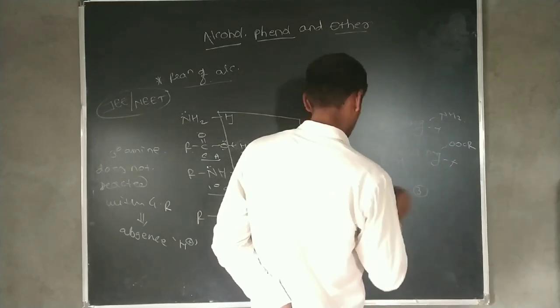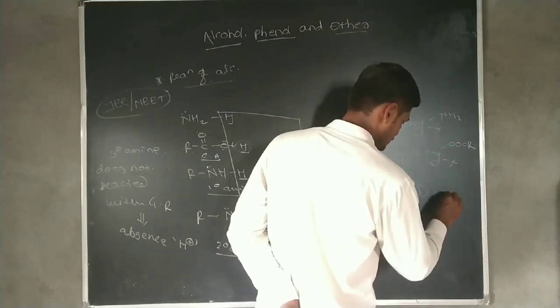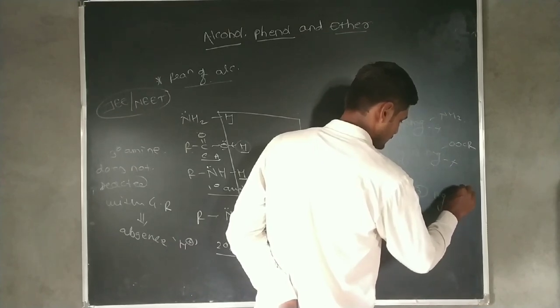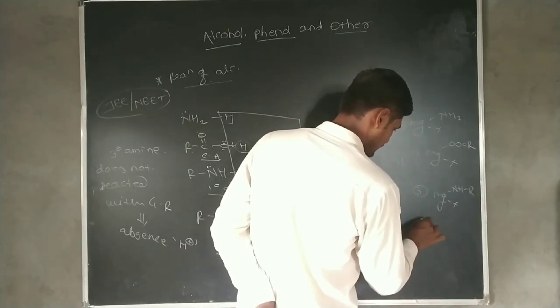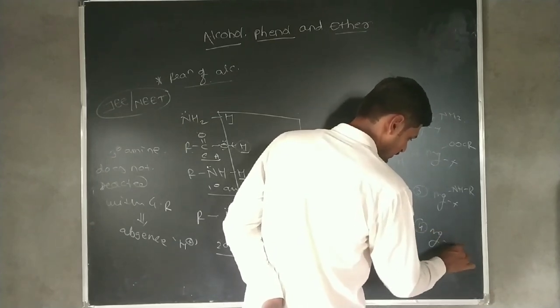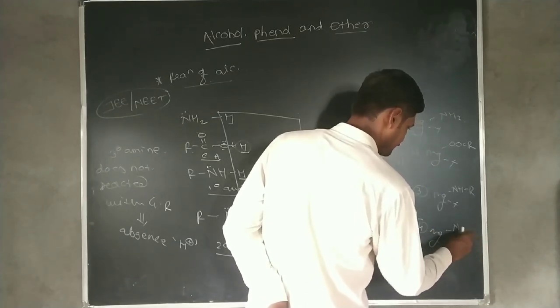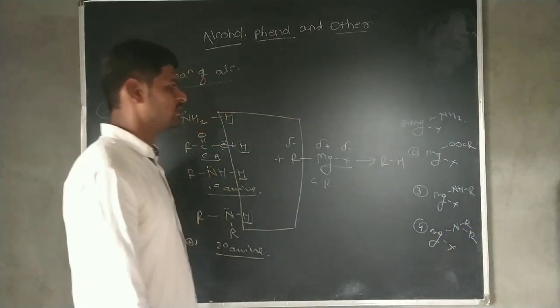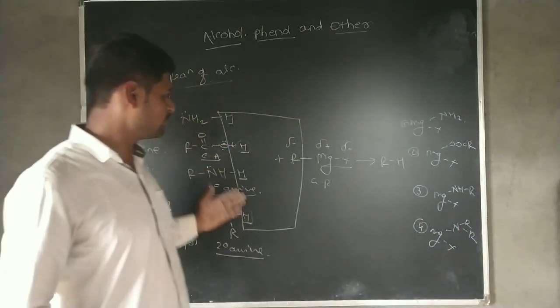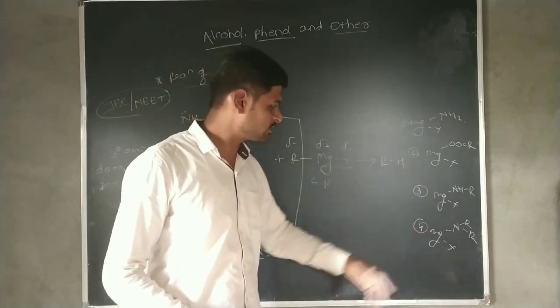In case of primary amine, MgX with NHR attached here. In case of secondary amine, MgXNR2, where R is attached to the magnesium. The remaining negative part is attached with the magnesium, then it forms their respective products.